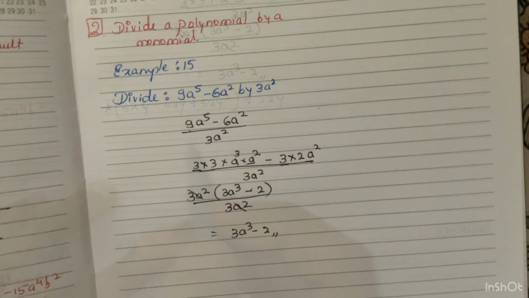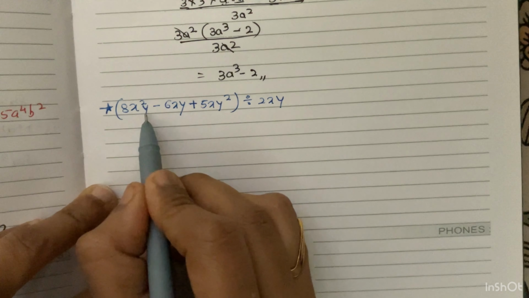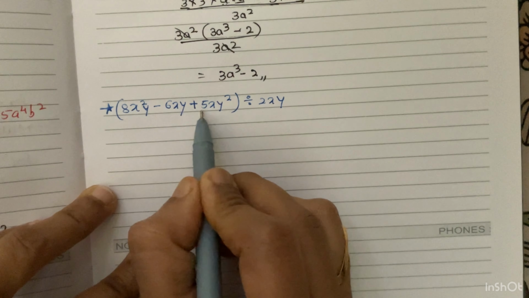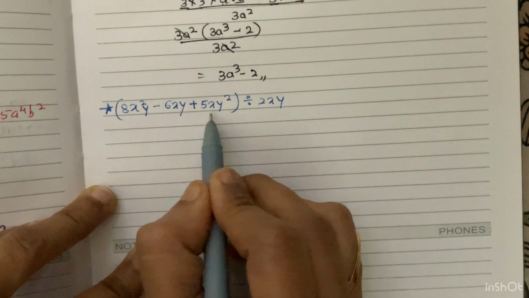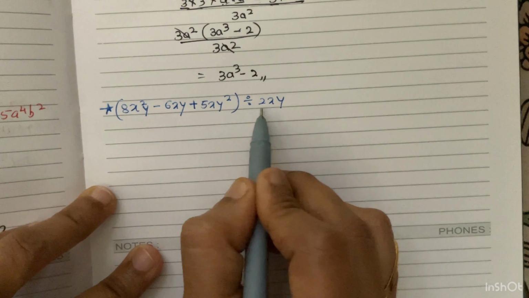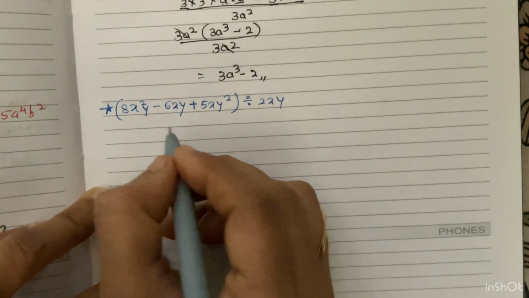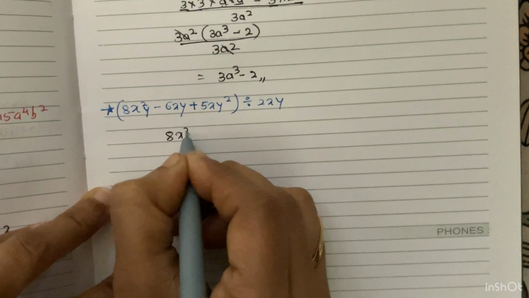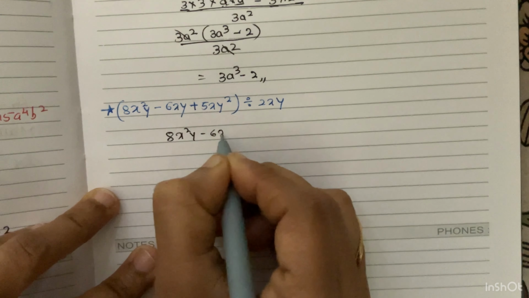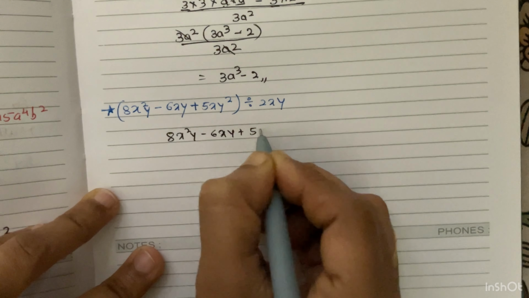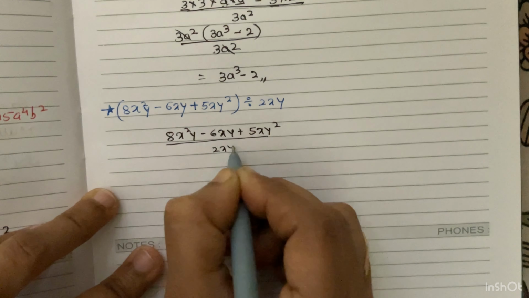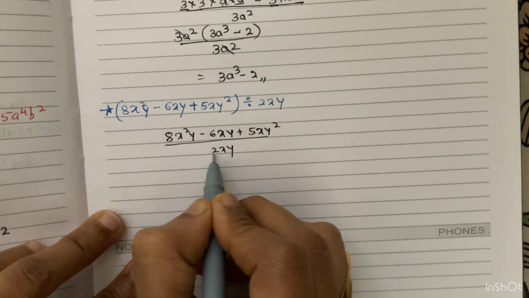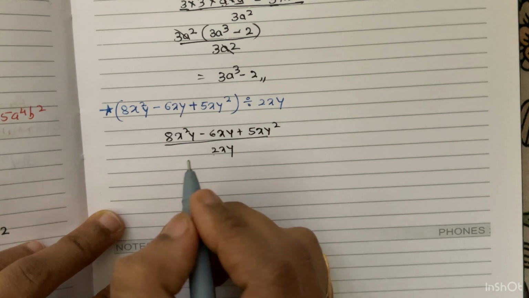We have another question. 8x square y minus 6xy plus 5xy square divided by 2xy here. So this is a polynomial which has more than one term, and this is a monomial, that is one term. So let's divide 8x square y minus 6xy plus 5xy square by 2xy. Now here in the denominator it is 2. So for 8, how can we split?